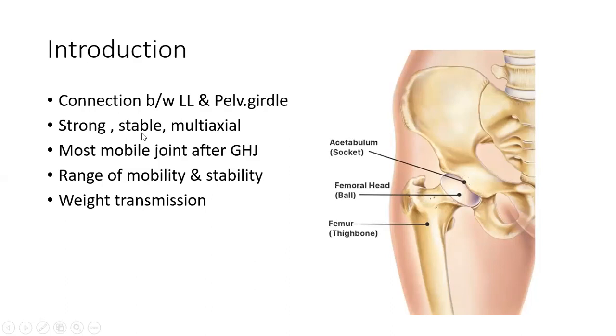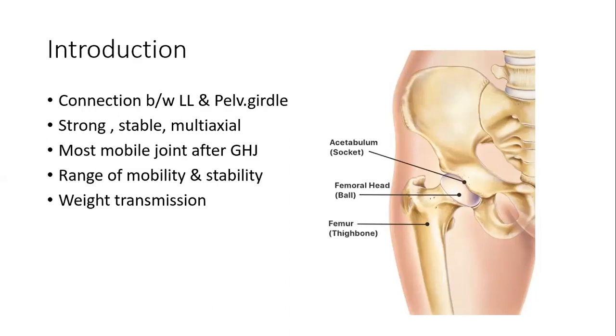Unlike the glenohumeral joint, which is considered to be the most mobile joint and has instability related to its movements, hip joint has not only a high range of movement, but also a higher degree of stability, unlike the shoulder joint.